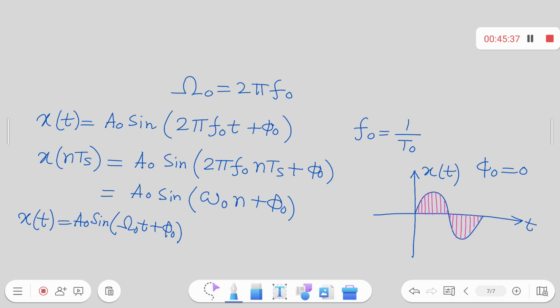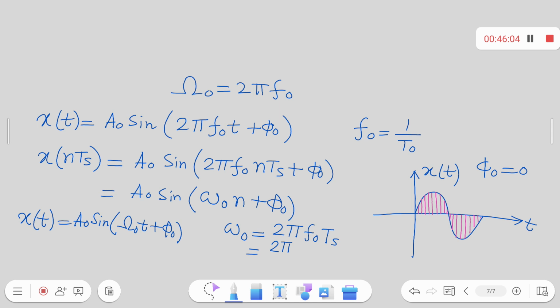Now try to find the relationship between this capital omega naught and the small omega naught. This small omega naught is 2 pi f naught into Ts.